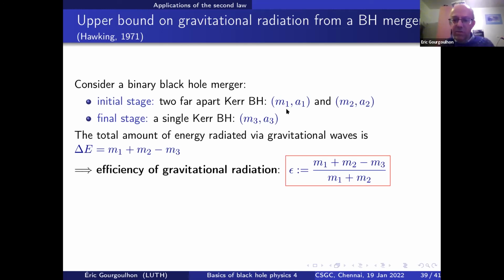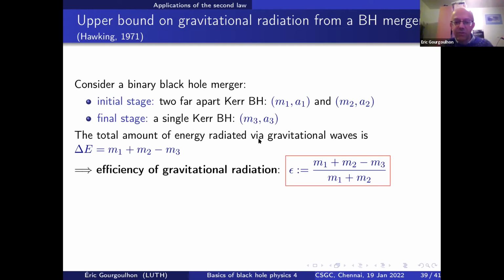It's a good approximation to treat each of the black holes as a Kerr black hole, so they have parameters M1, A1, and M2, A2. At the final stage, after they merge, they emit a bunch of gravitational waves. This is a highly dynamical configuration, but if you wait sufficiently long, then at the end, thanks to the uniqueness theorem or no-hair theorem, you end up with a single Kerr black hole in equilibrium.